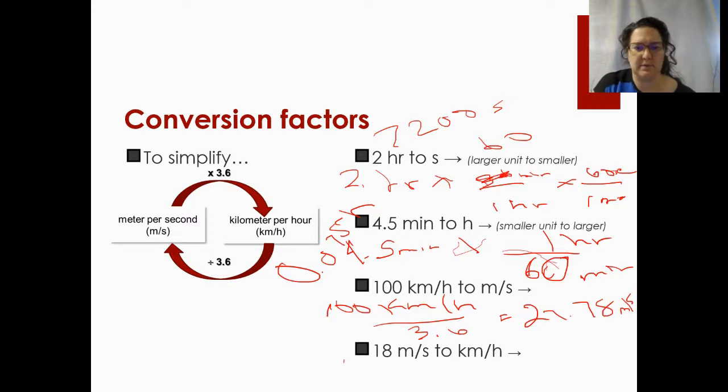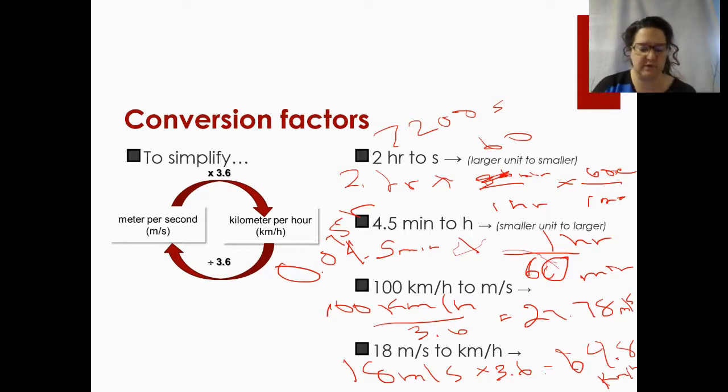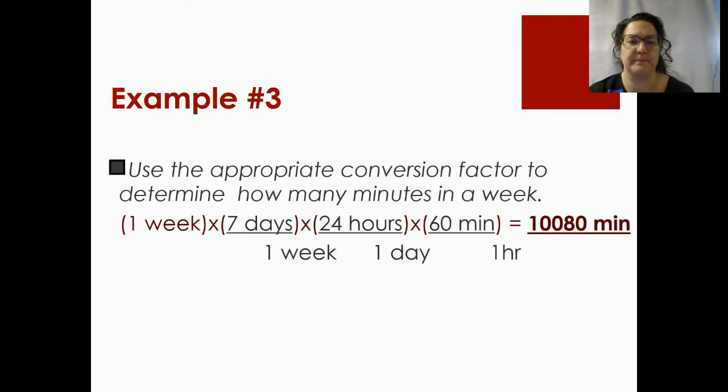And then 18 meters per second, I'm going to multiply that by 3.6. And we're going to get 64.8 kilometers per hour. So again, write that meters per second to kilometers per hour conversion in your data booklet so that you have access to it when you're doing your practice problems.